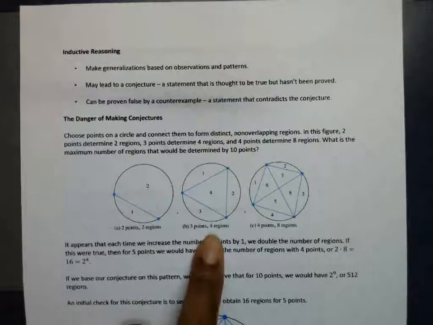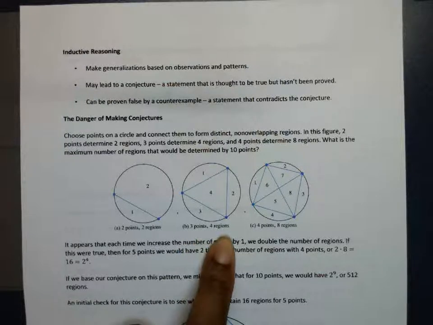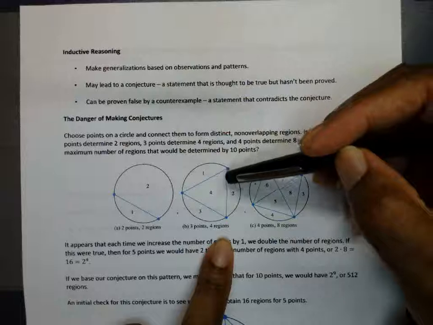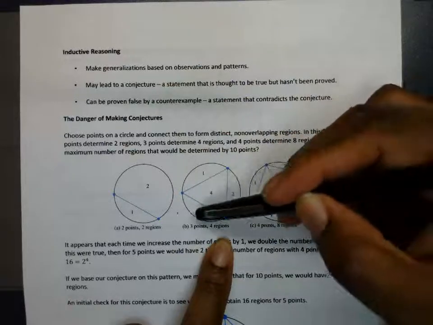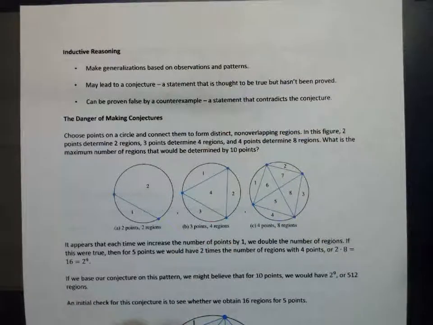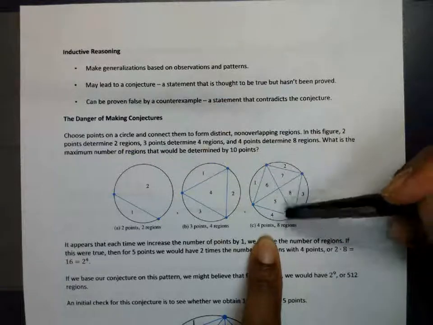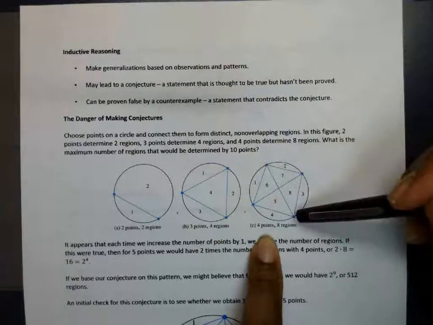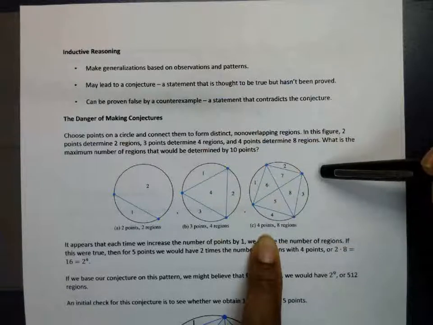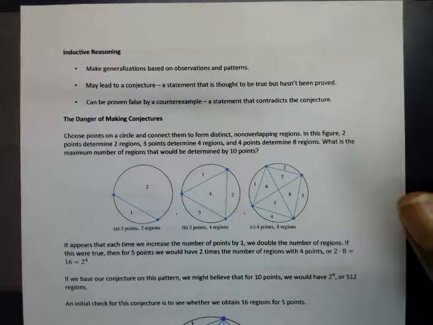And then next, if we have 3 points, you connect those 3 points, you're going to have 4 regions. And then 4 points, connect all the points in every possible way, you're going to end up with 8 regions.